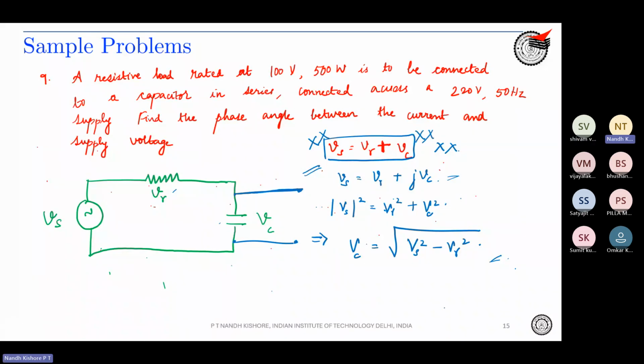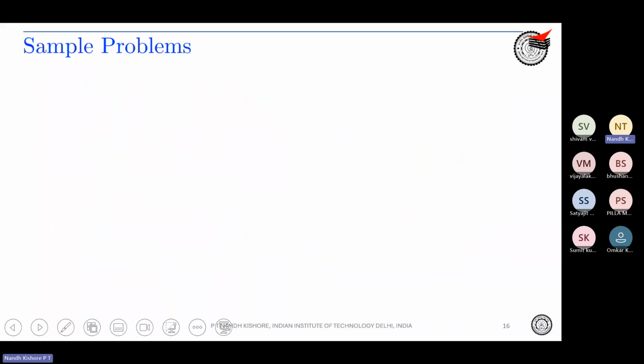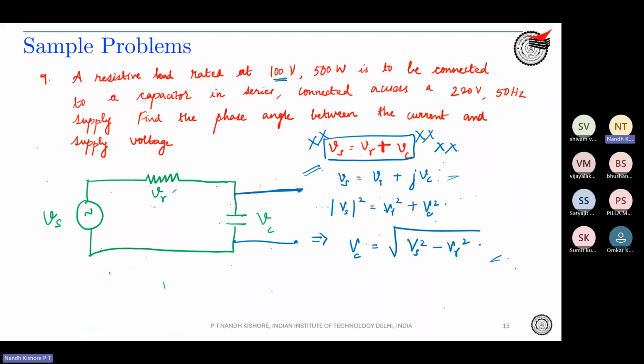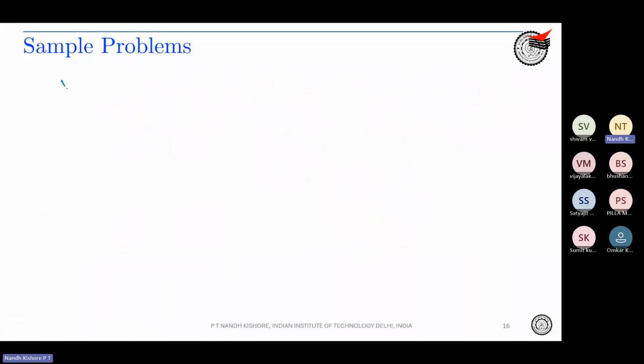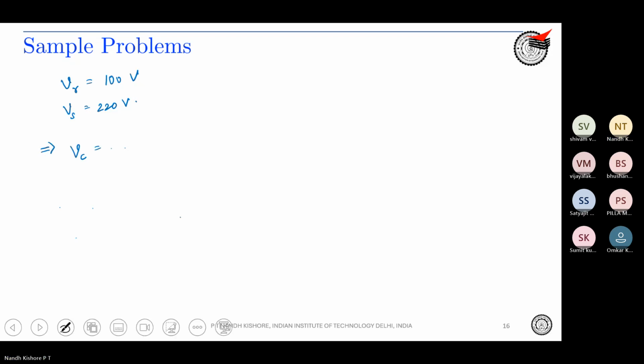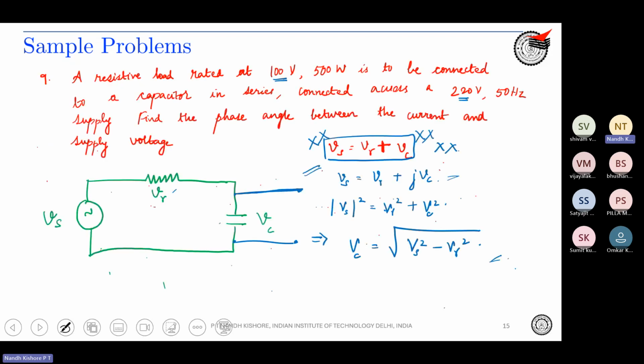Okay, so now let's come back to the problem. They have given VR is 100 volts and the supply voltage Vs is 220 volts. Therefore, what would be Vc? They have given that the load resistor is connected in series with the capacitor across the supply.